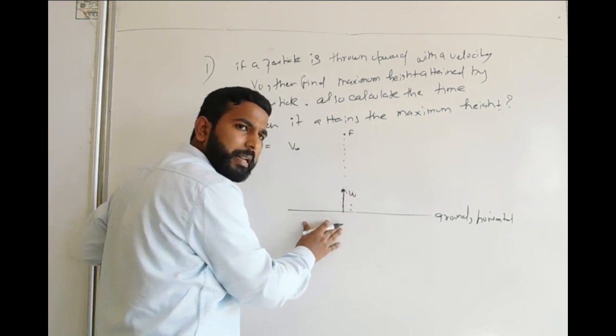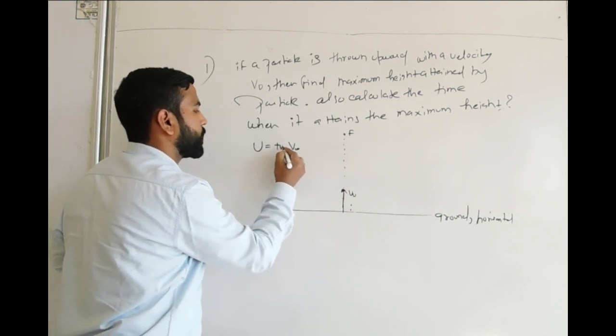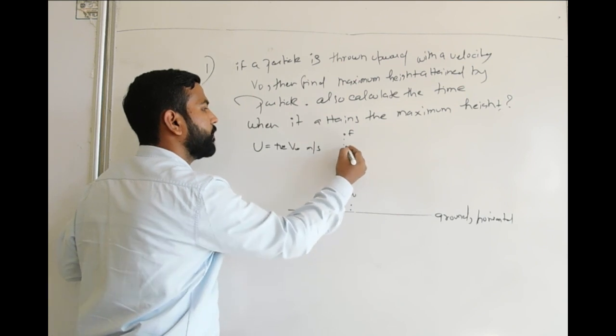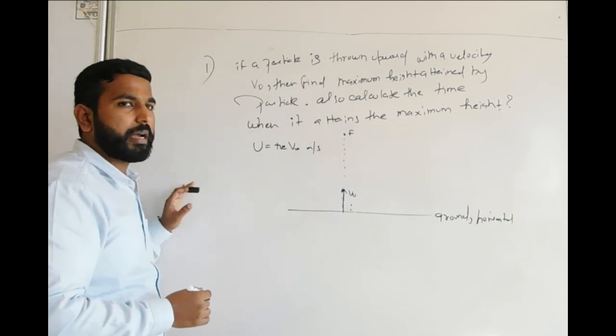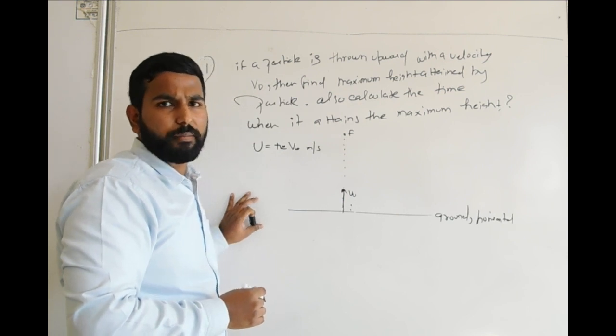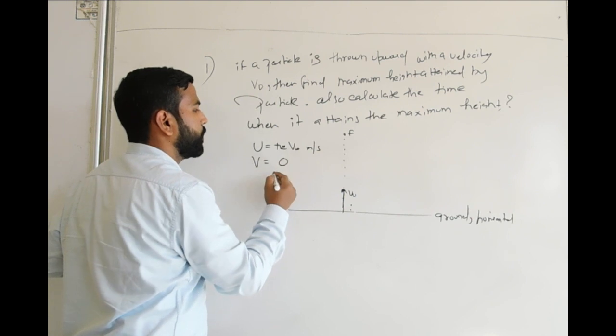Initial velocity of the particle is v naught, positive or negative? This is in the upward direction, and upward direction is taken as positive. So it is positive v naught meter per second. Finally, when it attains the maximum height, its vertical velocity becomes 0. So the final velocity of the particle is 0 at the top.